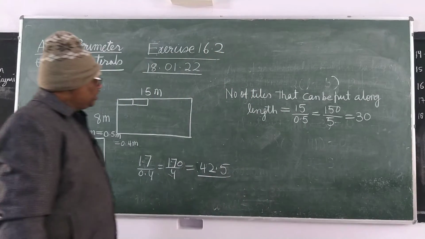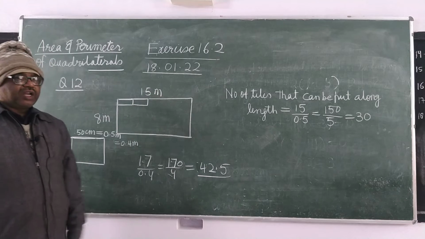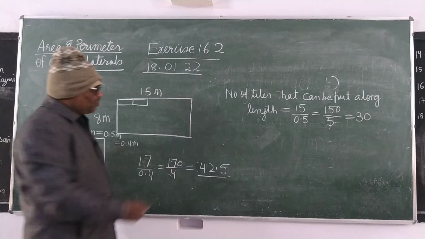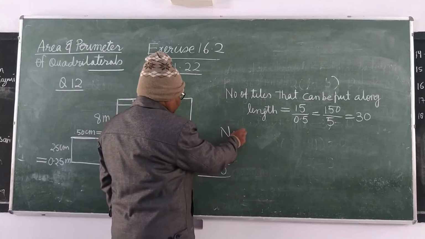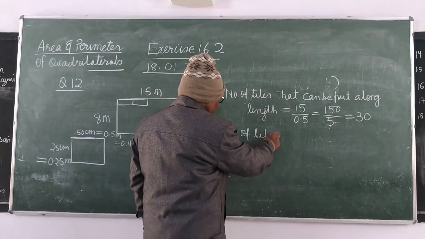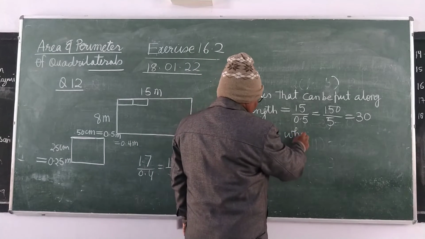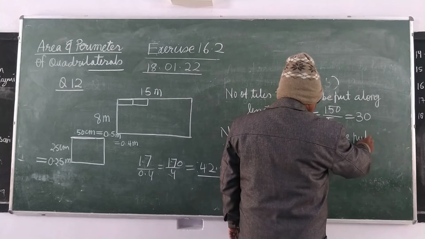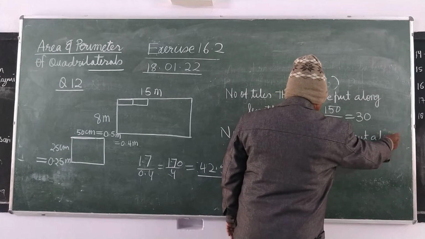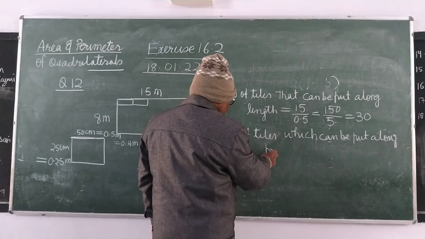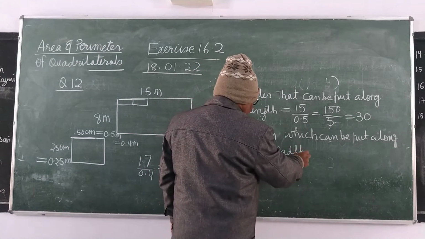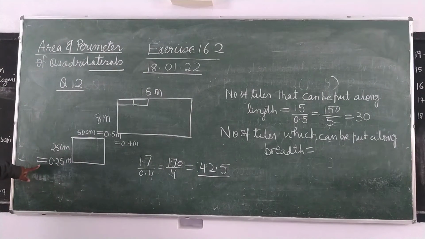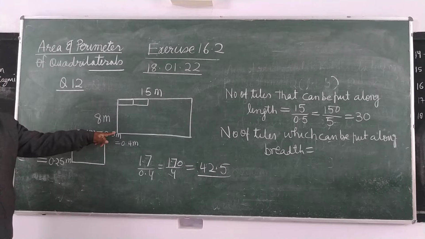That's why I am finding number of tiles which can be put along the length, number of tiles which can be put along the breadth. You find out number of tiles which can be put along breadth. So how many tiles can be put along the breadth? You can see here, each tile is covering 0.25 meter and you have to cover 8 meter length.